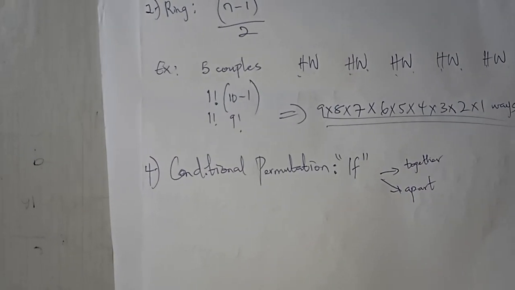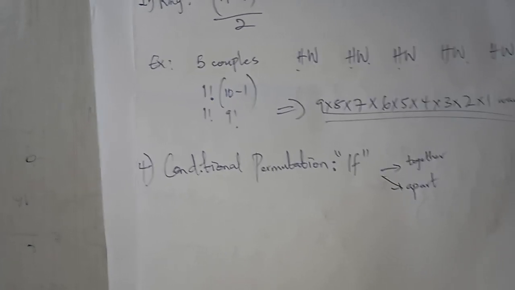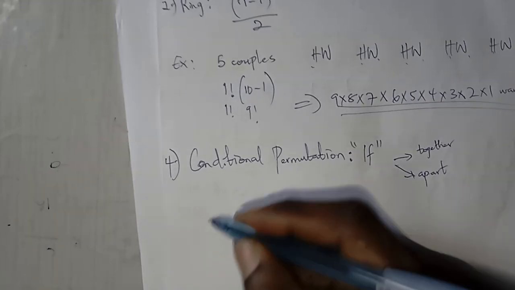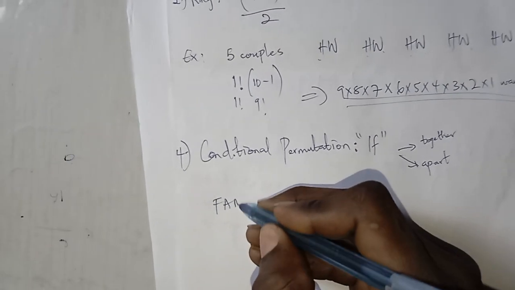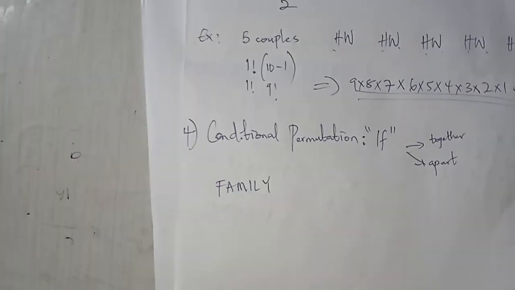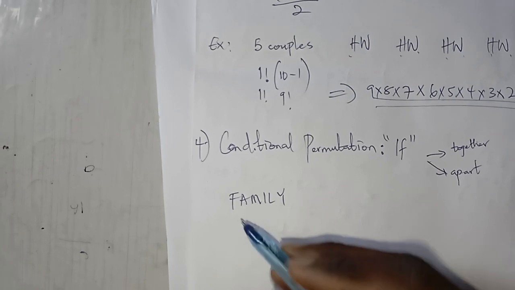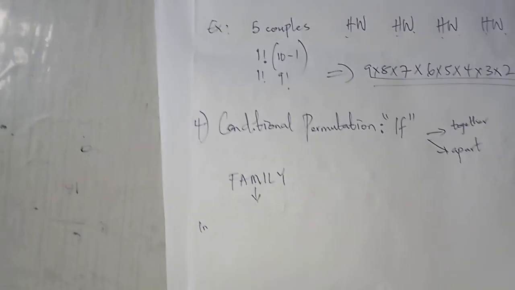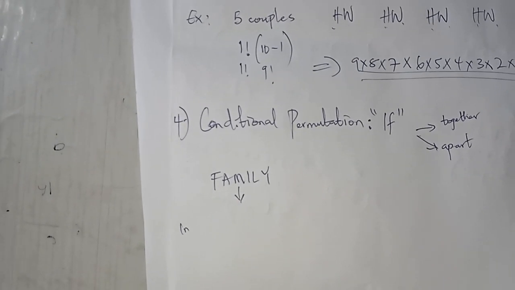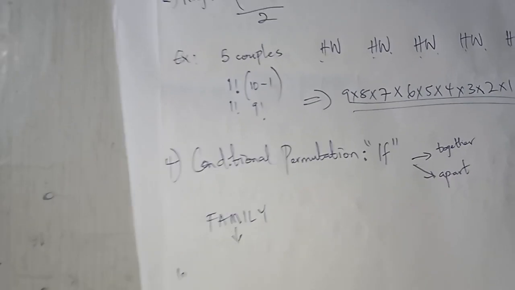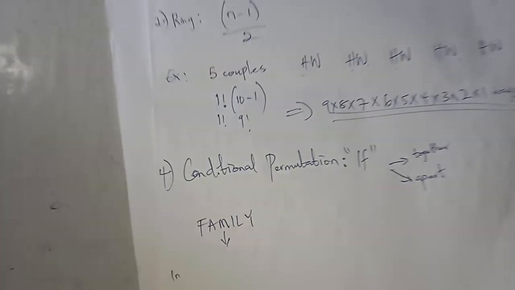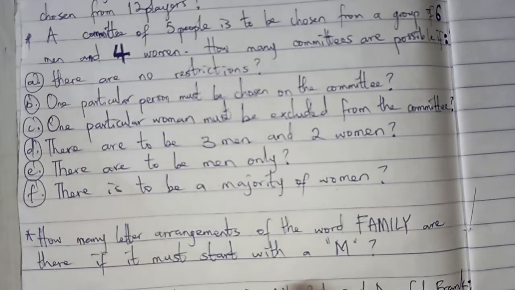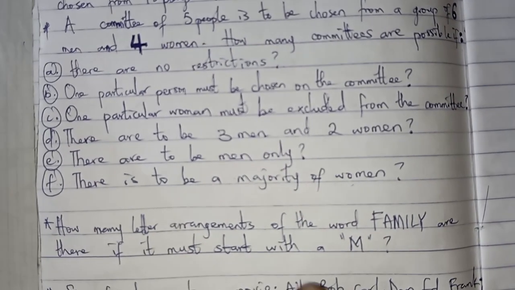They can tell you in how many ways can something happen if this thing must be like this, if this one must come last. They can tell you in how many ways can the letters of the word family be arranged if M. Okay, let me write the question. In how many ways can the letters of the word family be arranged? See this question. How many letter arrangements of the word family are there if it must start with an M?